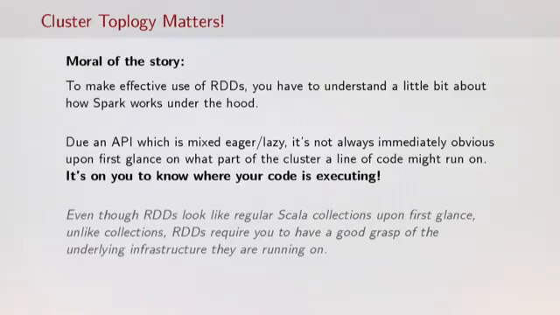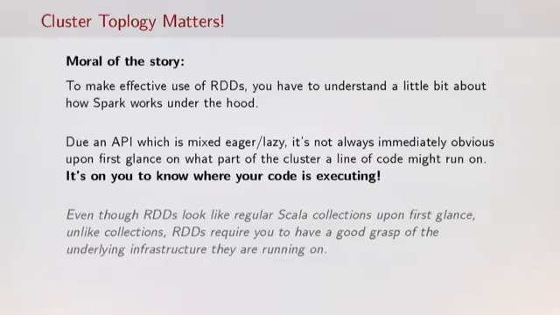So the moral of the story is, to make effective use of RDDs, you really have to understand a little bit about how Spark works under the hood. In particular, you have to know the anatomy of a Spark job. You have to know that there's something called a driver program, which is sort of the brains of the application, and that a bunch of work is being farmed out to worker nodes and executors all over the place.